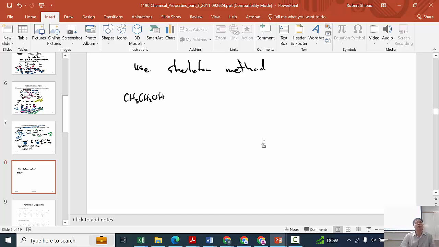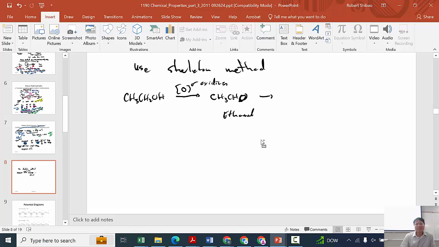When you burn ethanol, what do you form? Do you know? CO2. Actually, you don't necessarily have to form CO2. So this symbol's for oxidizer. Ethanol in our body gets oxidized to CH3CHO, ethanal we call this.